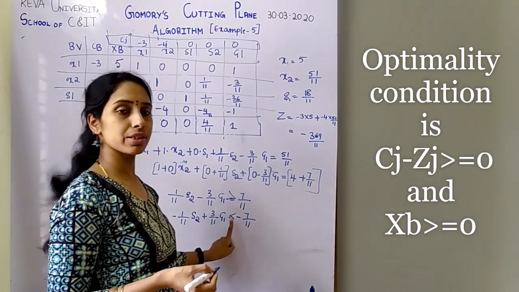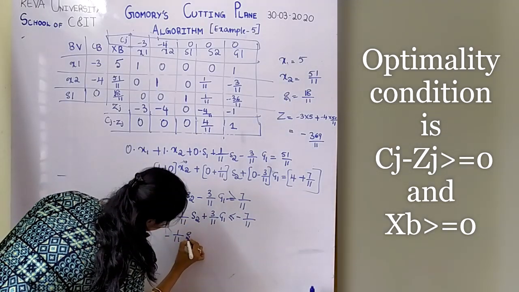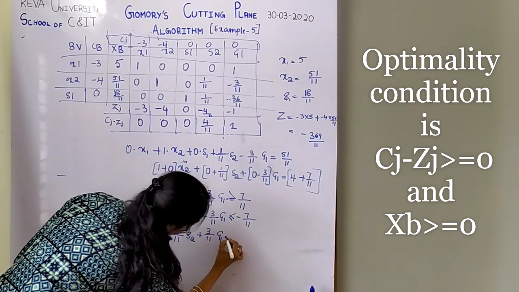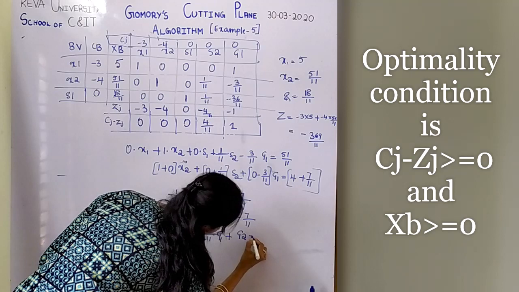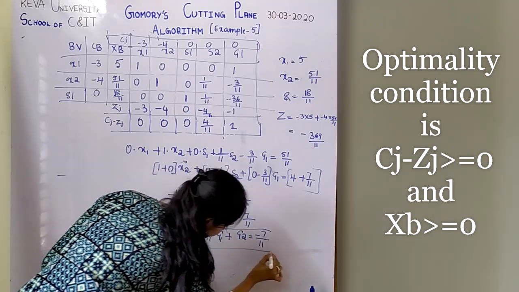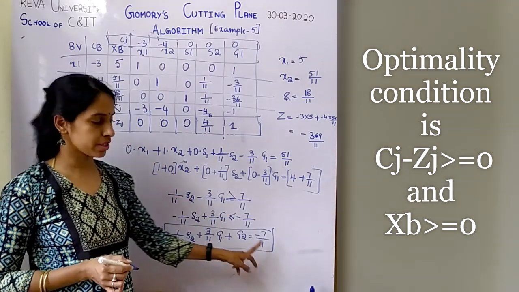Now how will you make this one equal? Minus 1 by 11 into s2 plus 3 by 11 into g1 plus g2 equal to minus 7 by 11. So this is our Gomory constraint.